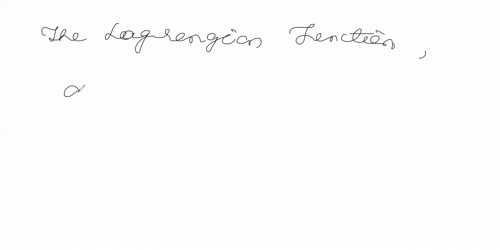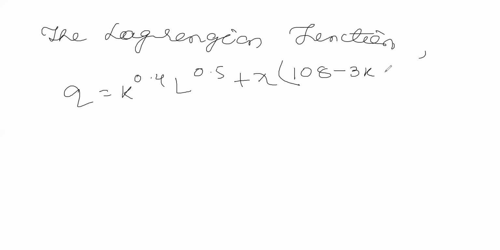Given the Cobb-Douglas function, Q is equal to K to the power 0.4, L to the power 0.5, we will take a plus lambda and we will join the constraint or the subject to equation over here. So this is 108 minus 3K minus 4L, and that's how I have formed the Lagrangian function over here.